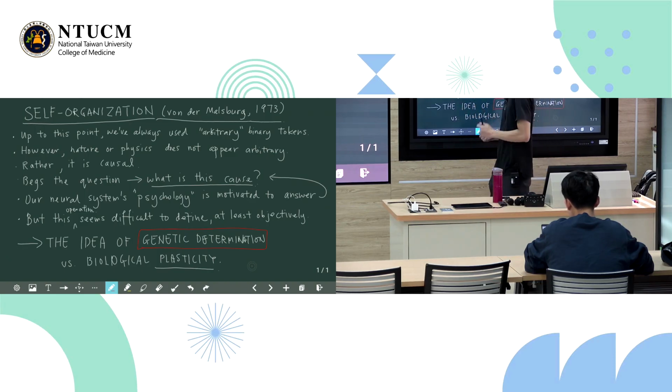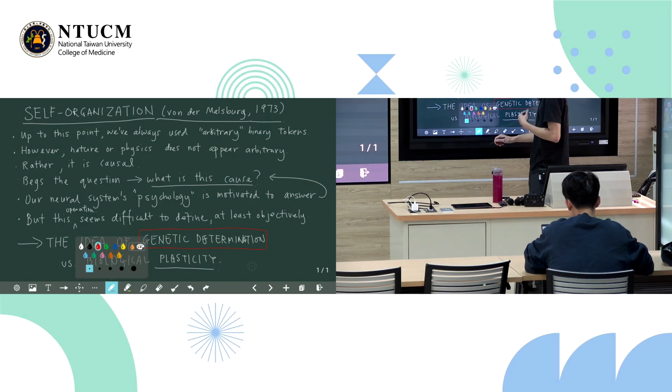However, there might be other things that cannot be genetically determined. What are those things, right? That's exactly what the von der Mossberg model will exemplify, all right? But let's understand a little bit more about this contrast between genetic determinism and the notion of plasticity.